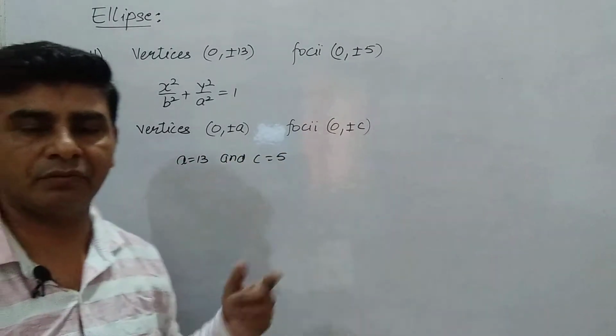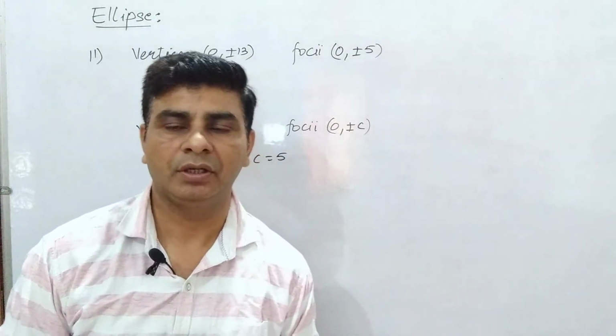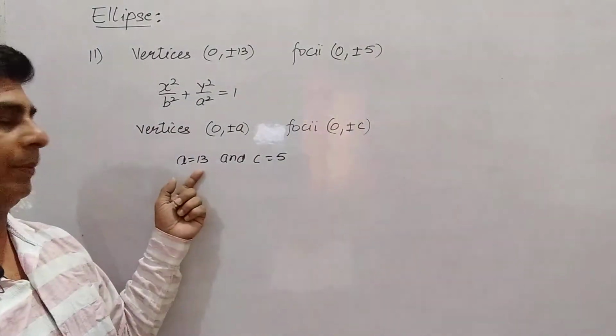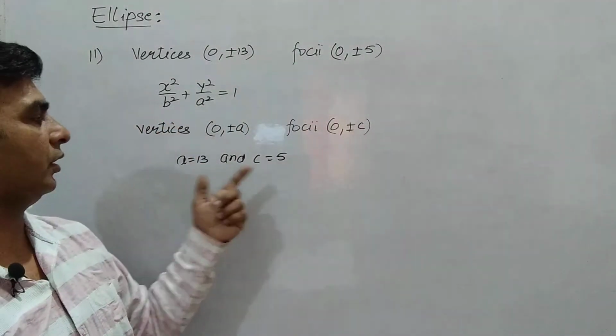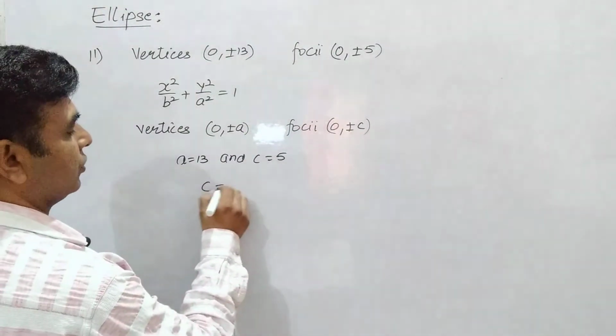From the relation c square is equal to a square minus b square, we can obtain the value of b. We only need b, since we already have a as 13.